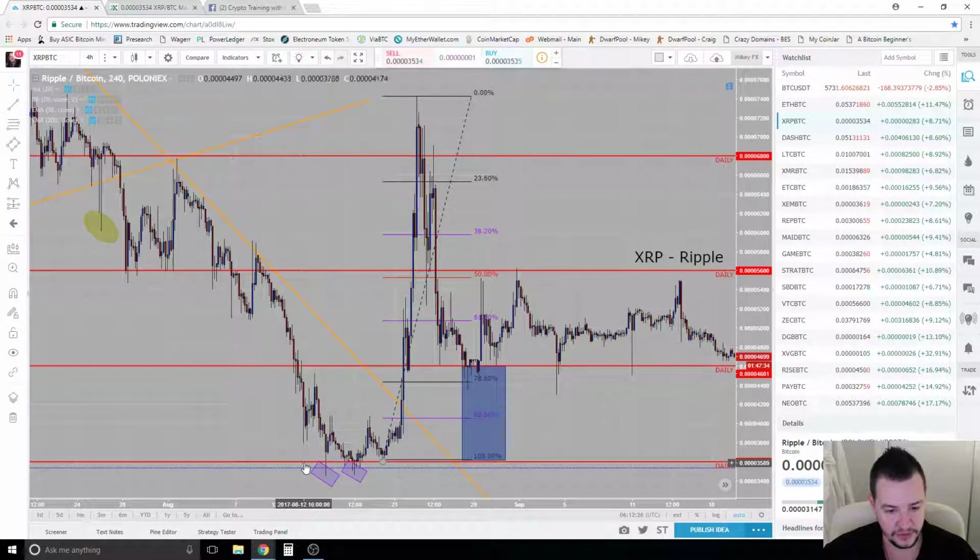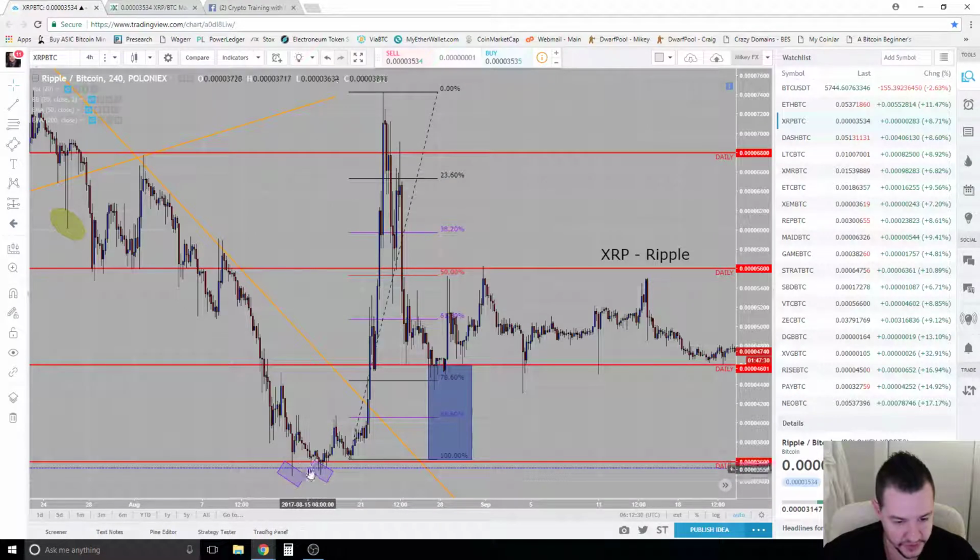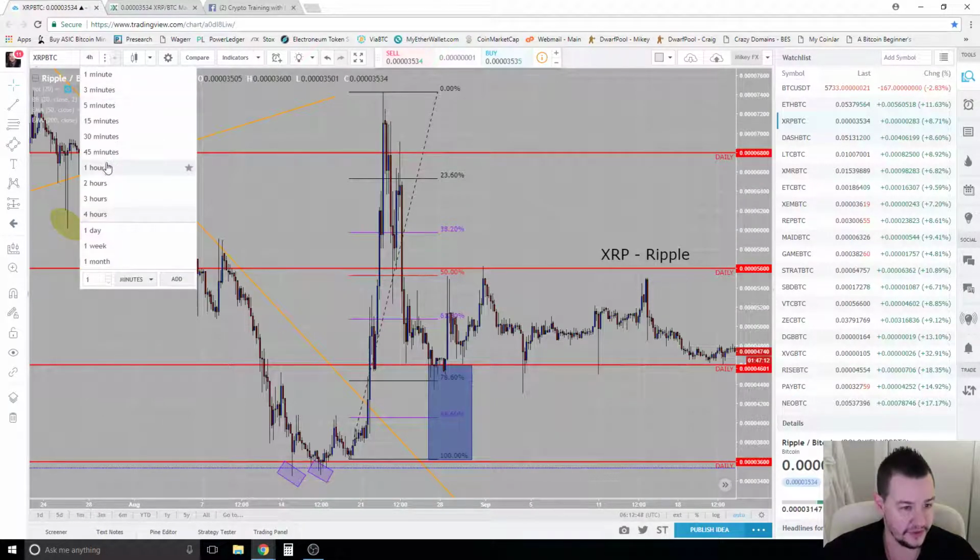We've got a support area here. So we've got a double bottom on a support, and we've also got this trend line coming down as well. Now, once we break out of this bullish reversal pattern, if we even go down to, say, a 1-hour time frame, for example.